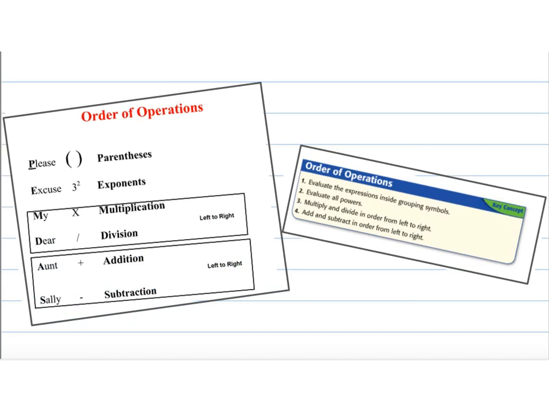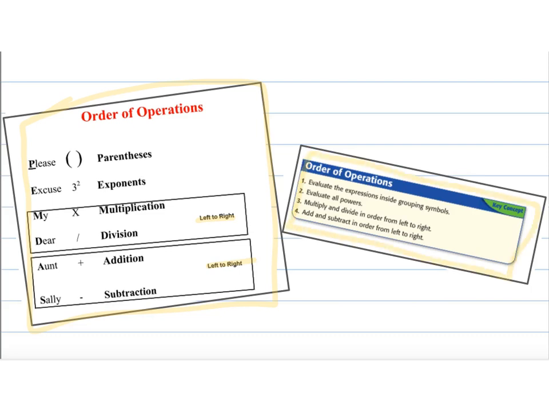Okay, so here it is again shown, so you should write down what is inside of this box here, the order of operations. PEMDAS, we can also use the expression, please excuse my dear Aunt Sally, just to help us remember the order. But again, parentheses, exponents, multiplication and division working left to right, and adding and subtracting working left to right.